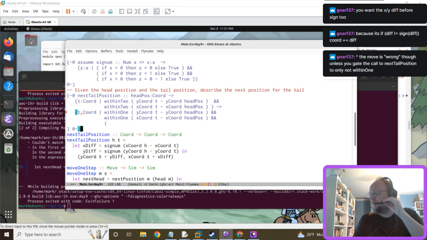Oops. We want the x... is wrong though unless you get the call to next tail position to only not.